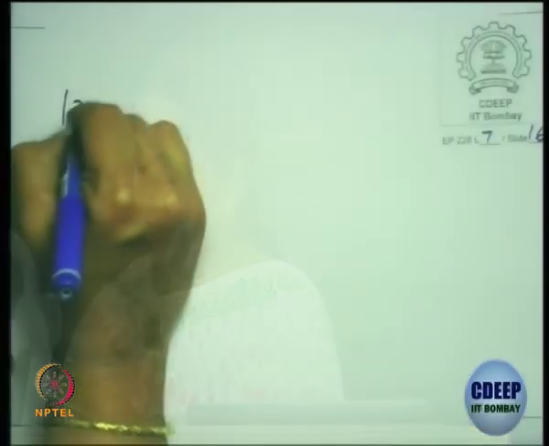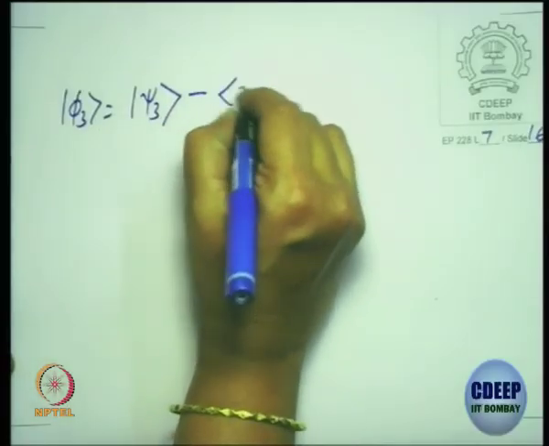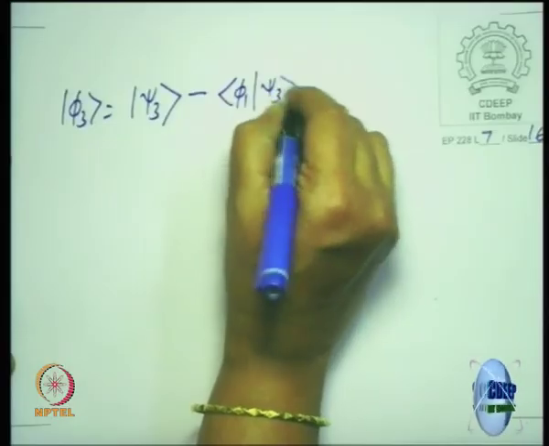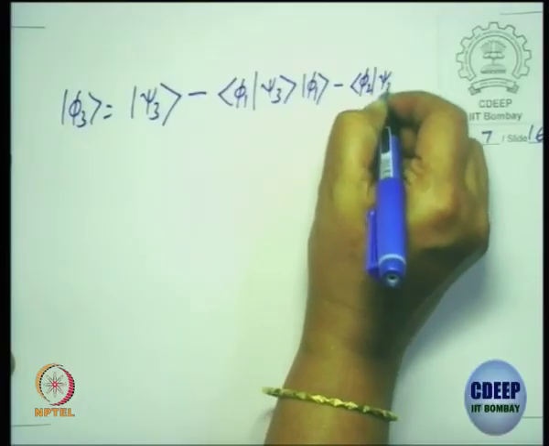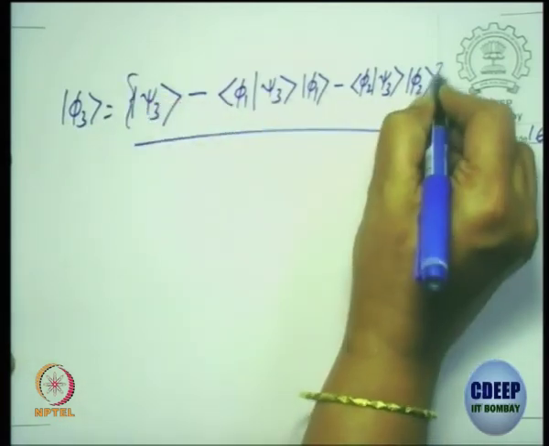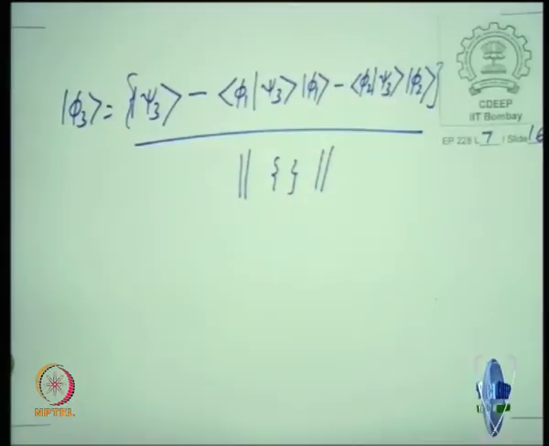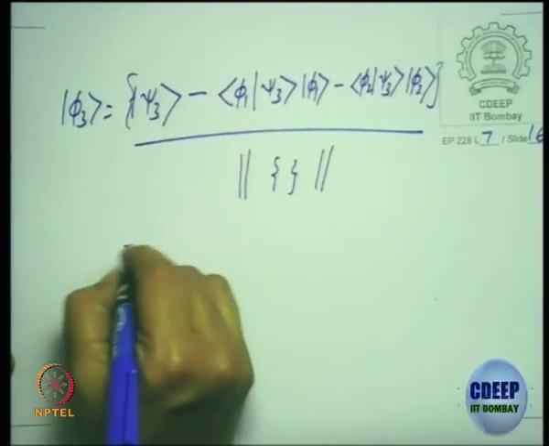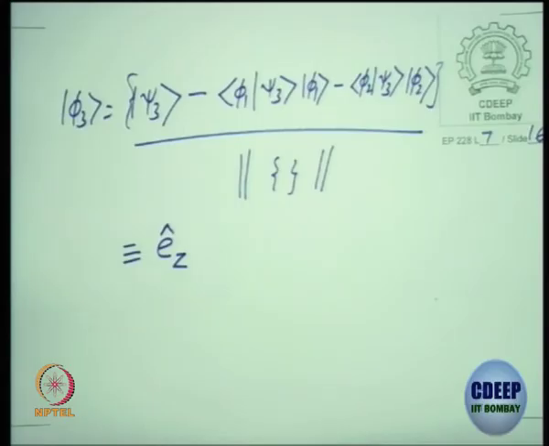Take phi 3 to be psi 3 minus phi 1 times the inner product of phi 1 with psi 3, minus phi 2 times the inner product of phi 2 with psi 3, and then whatever is this numerator, the norm has to be taken. And this will turn out, in your specific example, to be Ez. So we could do this Gram-Schmidt orthogonalization to find all three basis vectors neatly.